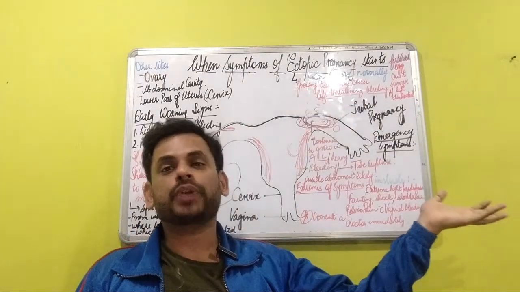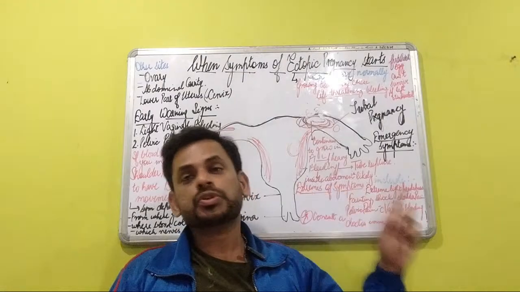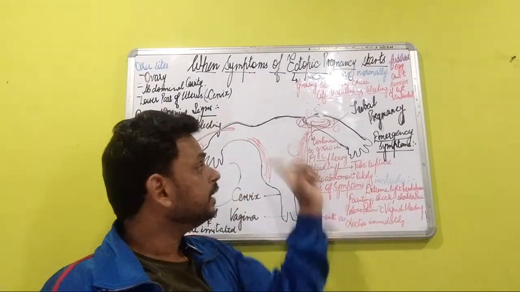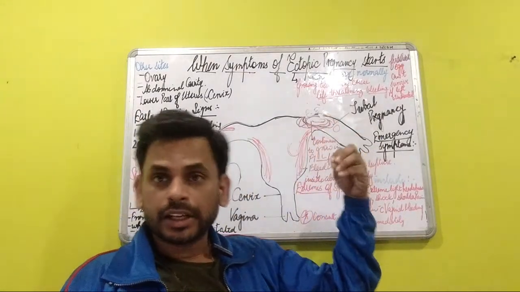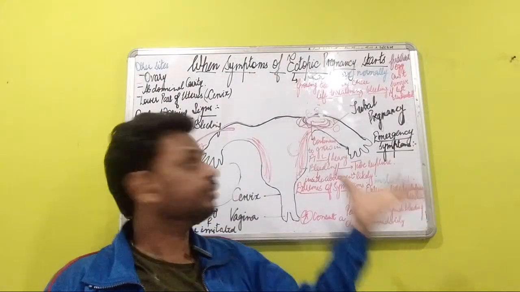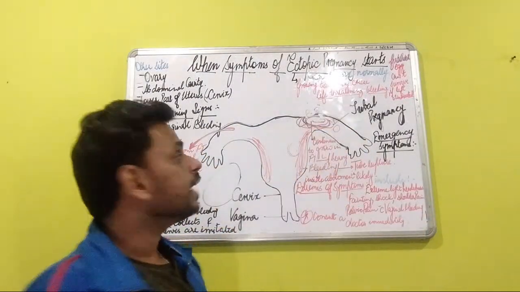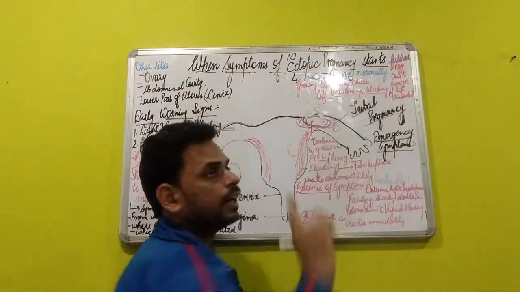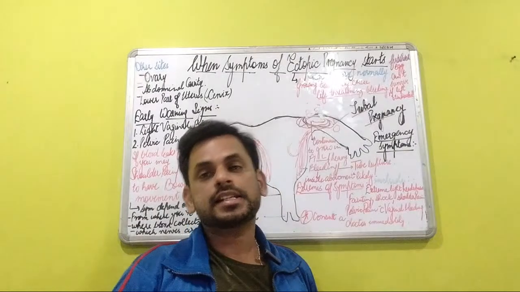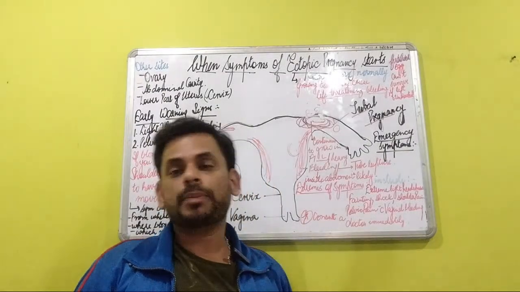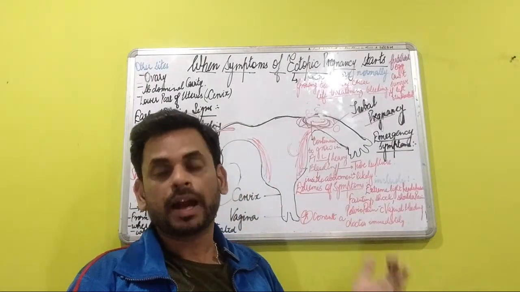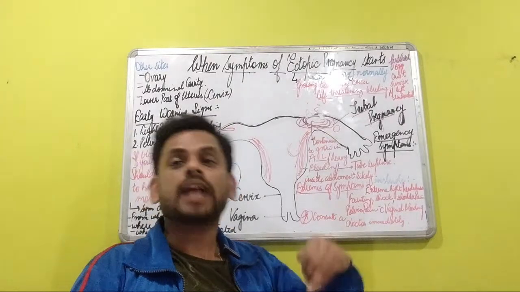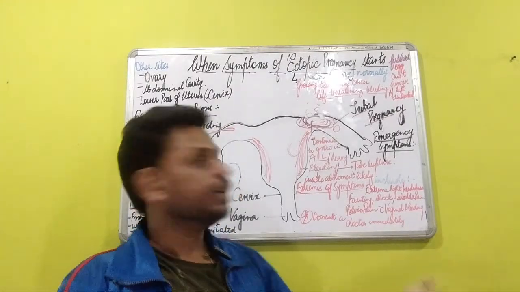The most common site where the embryo can implant itself is the fallopian tube, because in an ectopic pregnancy the embryo implants at sites other than the main body of the uterus.